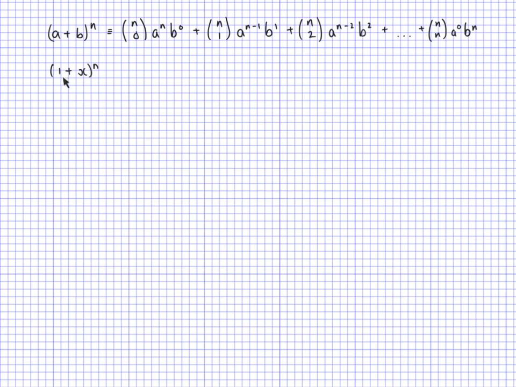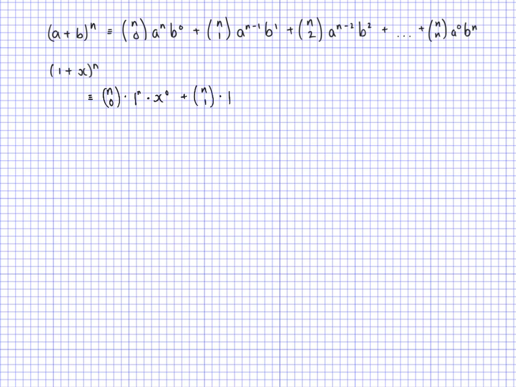This is a specific binomial that we need to know the expansion of. I'm just going to use the binomial theorem to expand this and then simplify where I can. So we will have n choose 0 times 1 to the power of n and x to the power of 0 plus n choose 1.